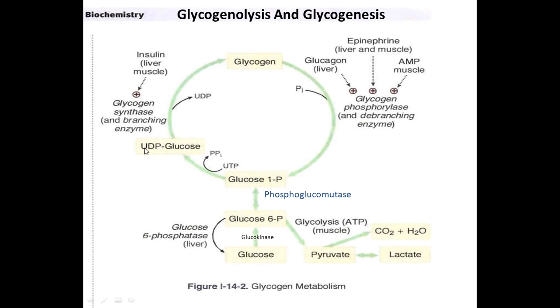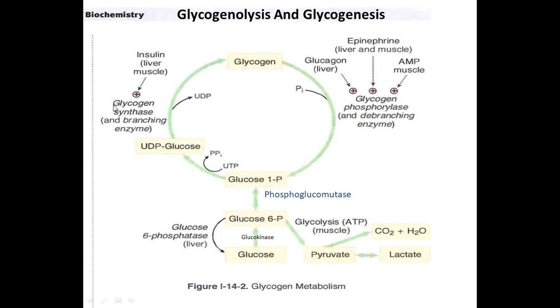It is uridine diphosphate because it is di, 2-phosphate: 1 phosphate from the glucose 1-phosphate, and the other phosphate from UMP, which is formed by the cleavage of the pyrophosphate from the UTP. Now, when the UMP is added to the glucose 1-phosphate to form the UDP-glucose, this is the activated form of the glucose, which makes it more reactive.